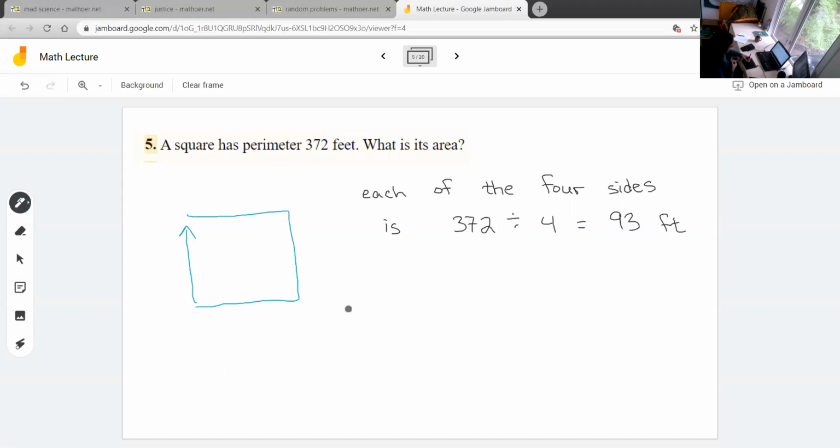Okay, so the area of a square is length times width again.